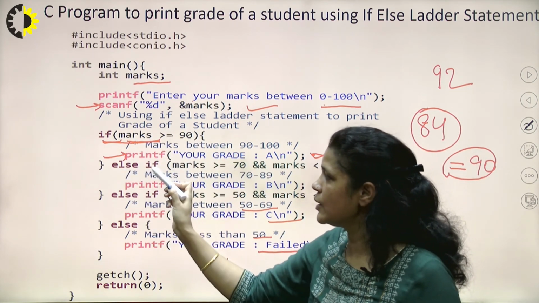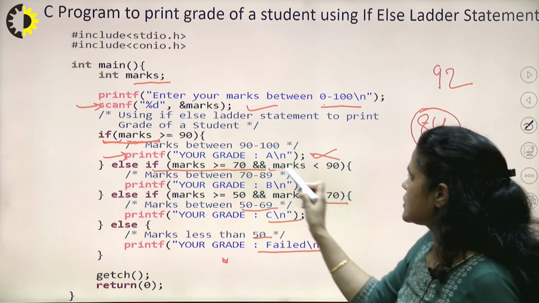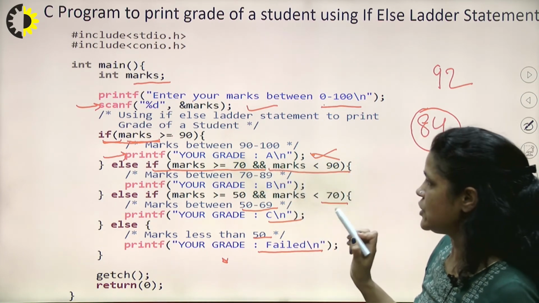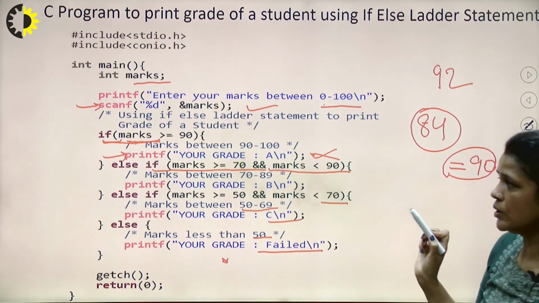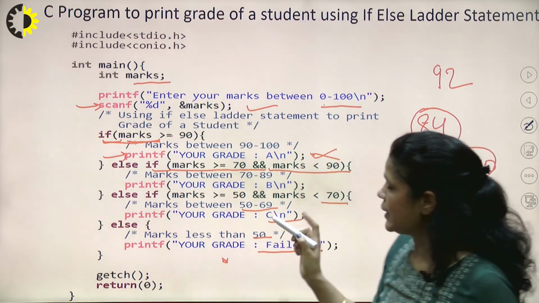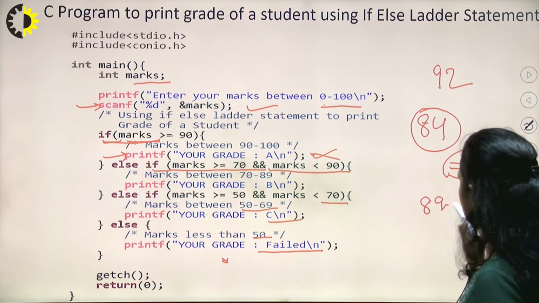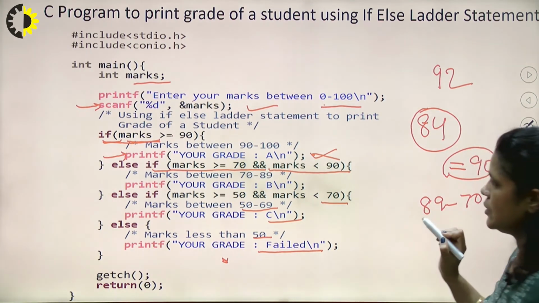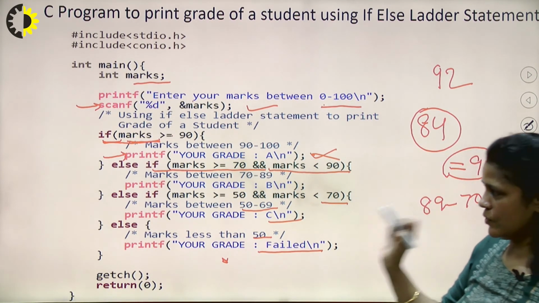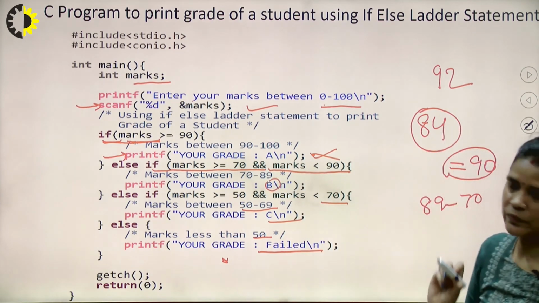in the else part again an if statement will be executed. What is this condition? We are writing the condition because we need to find out B grade marks. So for B grade we have decided 89 to 70% marks. If a student is having that, then he will be allocated B grade, right?